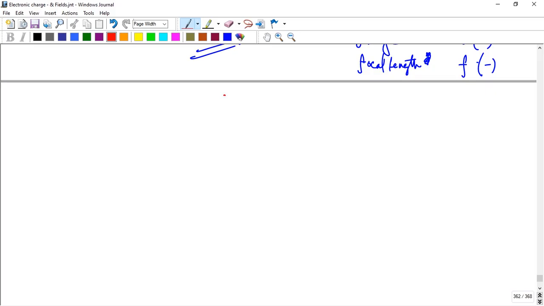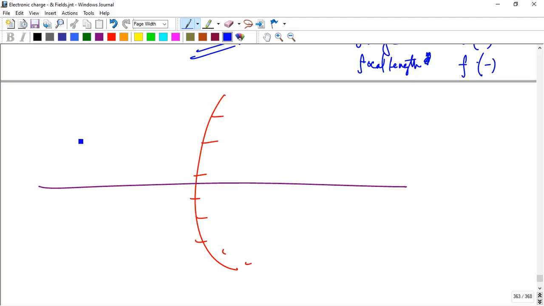Suppose this is the convex mirror, and that is the principal axis, and here is the object. That's the incident ray from the object, and that distance is u from the pole. After striking, it goes back to the same medium in that direction.